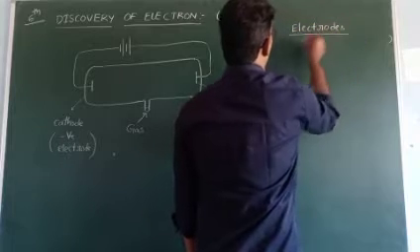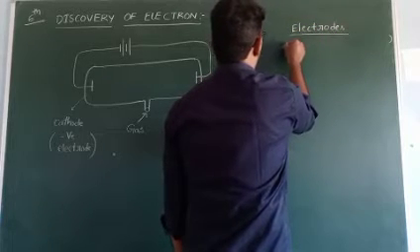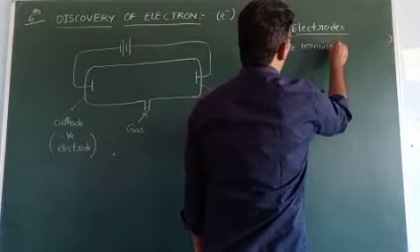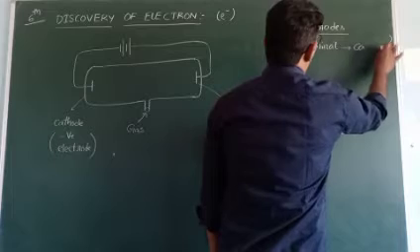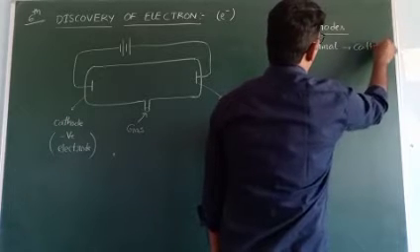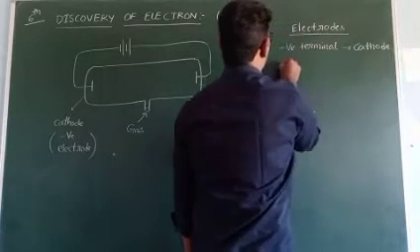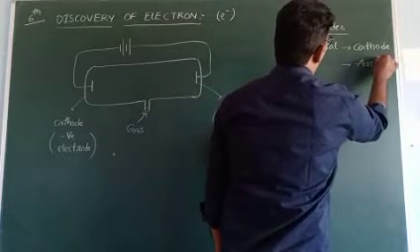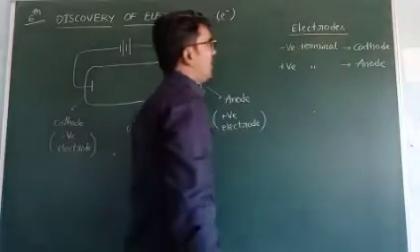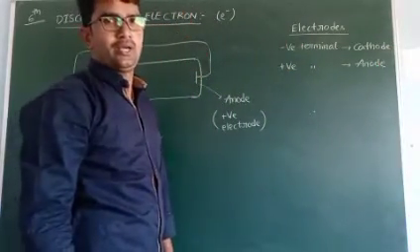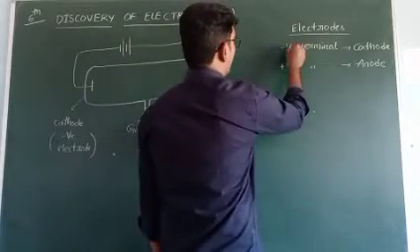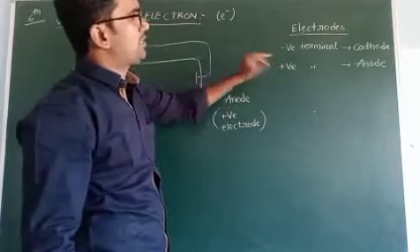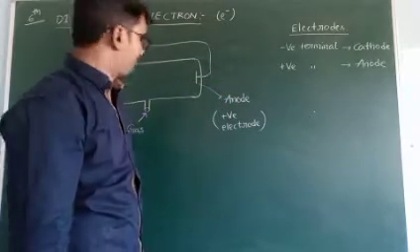In electrodes, the negative terminal is called cathode, and the positive terminal is called anode. Okay, do you understand this one? Right? Negative terminal is called cathode and positive terminal is called anode.